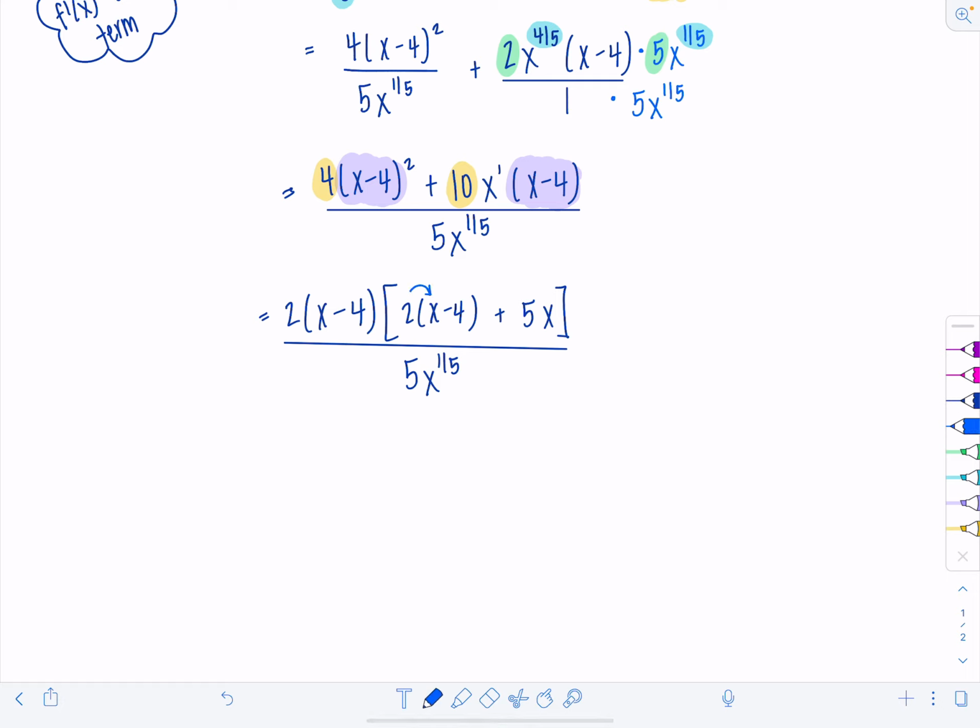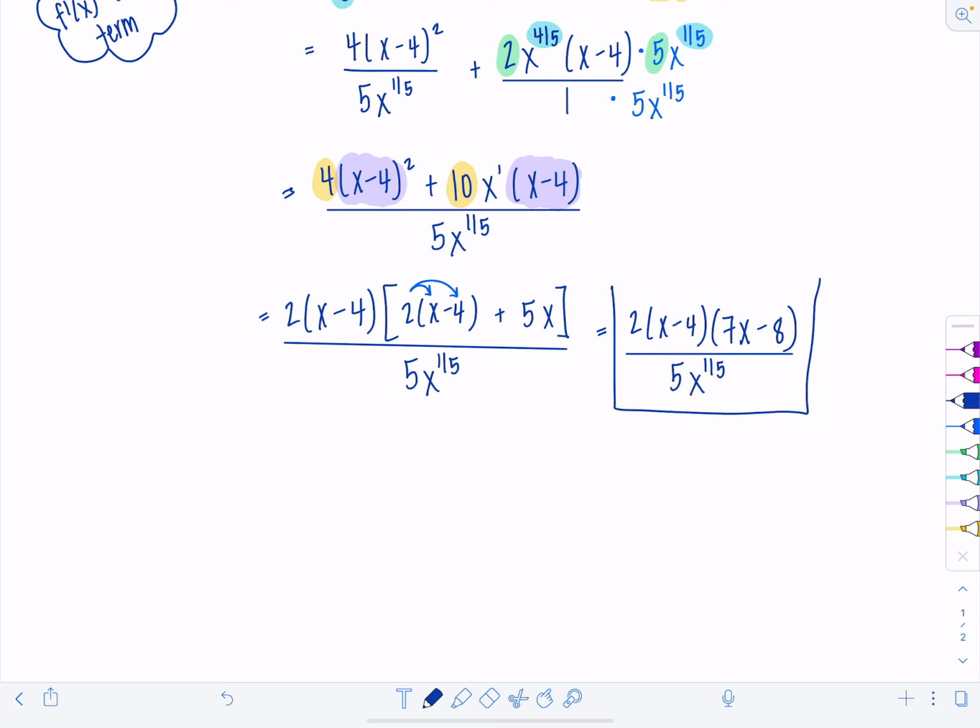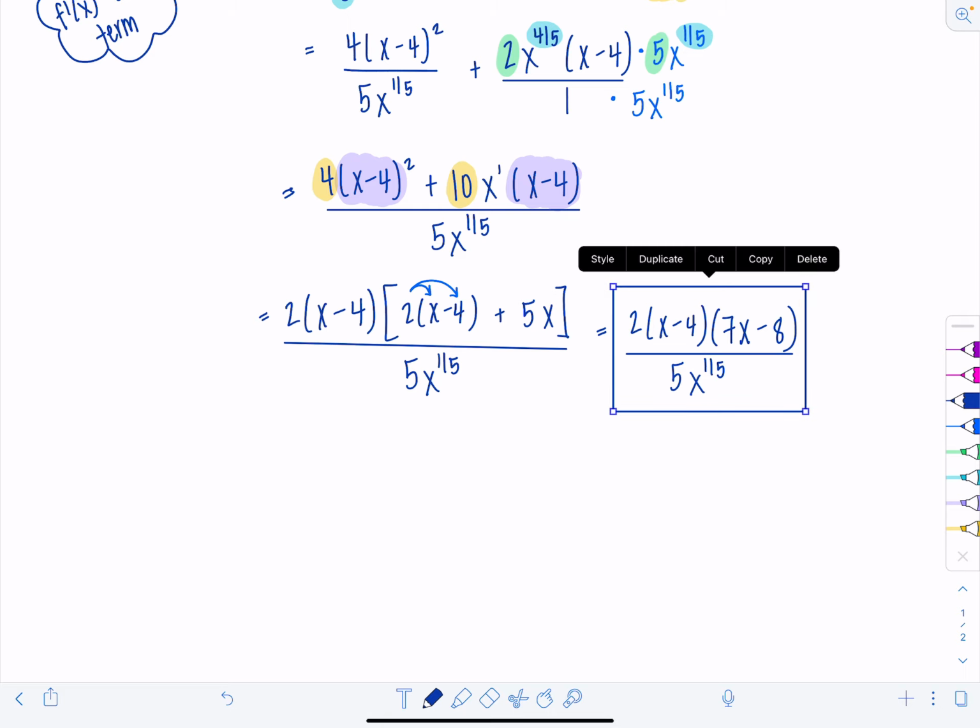This is 2x minus 8, plus 5x. So we're left with 2 times x minus 4 times 7x minus 8, over 5x to the 1/5. Okay, there's our derivative all cleaned up and pretty, ready for action.